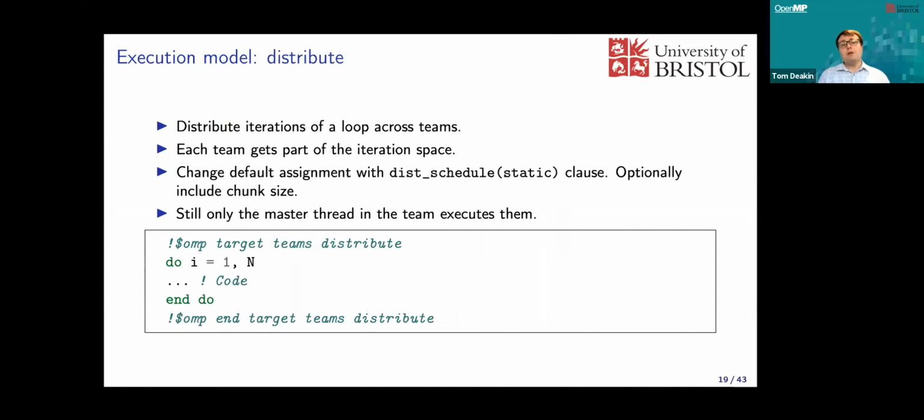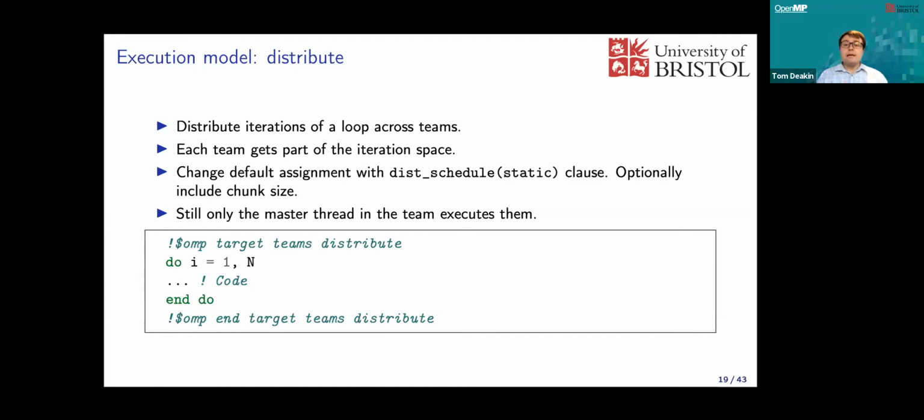So what if we have a loop? We want to work share that loop across the teams so that each team gets its own part of the iteration space. This is a similar idea to a parallel do, where we want to spread the work between the threads of a team. Now we want to share the work between teams. So to do this, we say target teams distribute, and we have to put this before a do loop so that we have a loop in which to partition that iteration space.